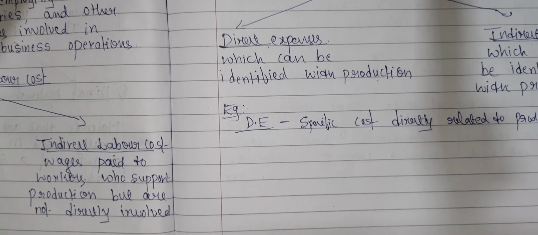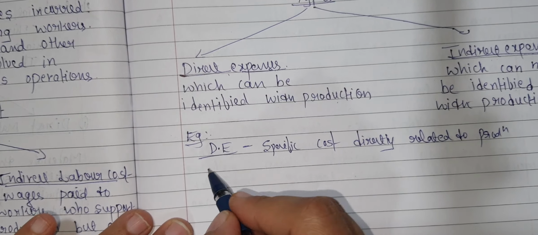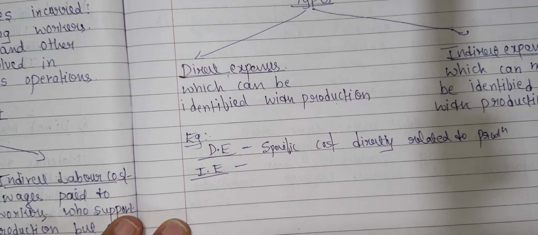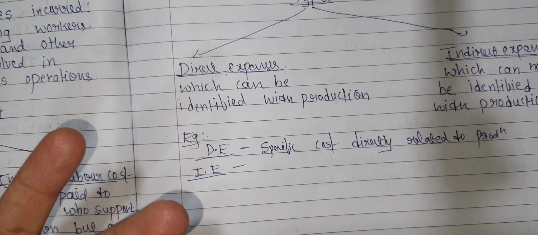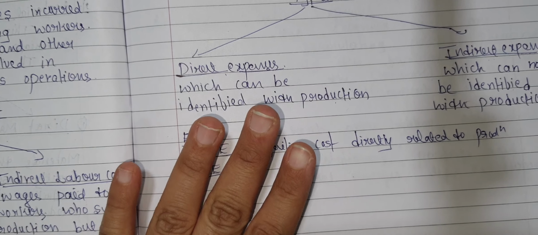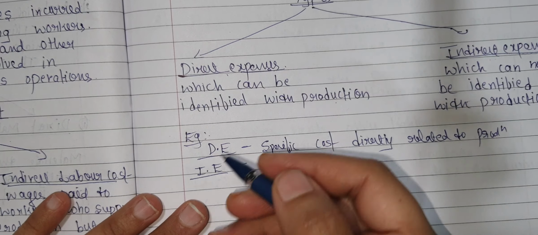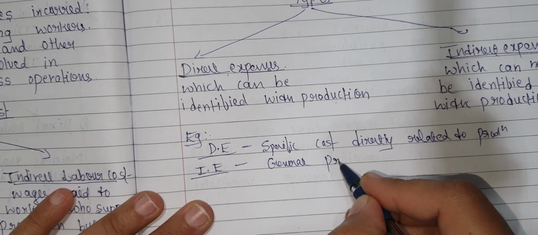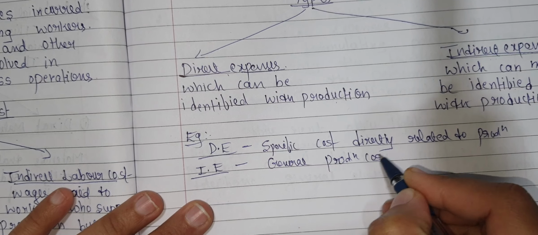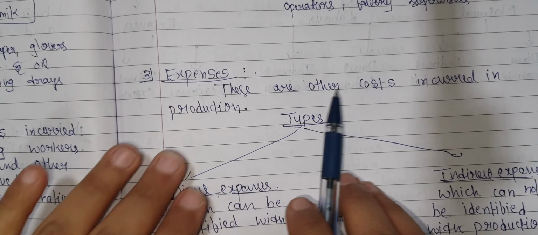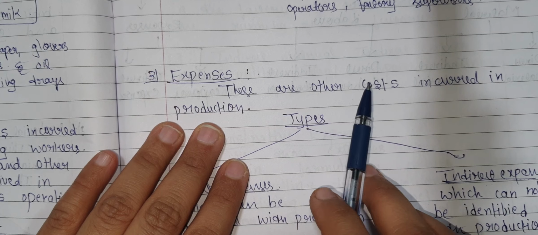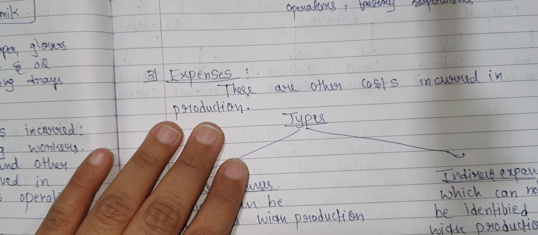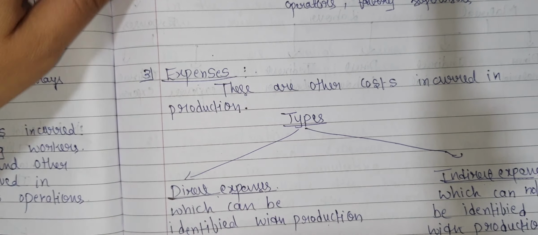And indirect expenses, for example, general production cost, that cannot be directly linked to a single product. Expenses are the costs incurred in the production other than material and labor cost.